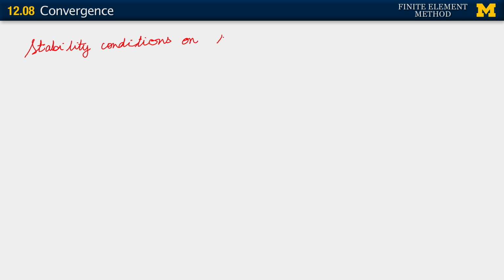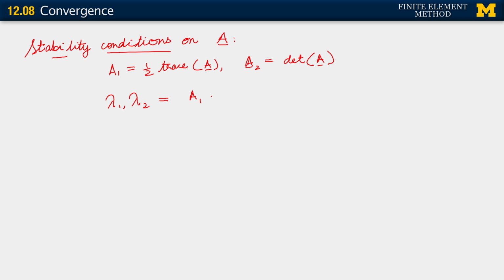on A, our amplification matrix. In particular, what we said was that if A1 equals 1/2 of the trace of A, and A2 equals the determinant of A, what we found was that the conditions are based upon lambda 1, lambda 2 equals A1 plus or minus square root of A1 square minus A2.